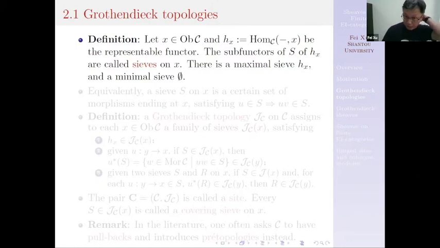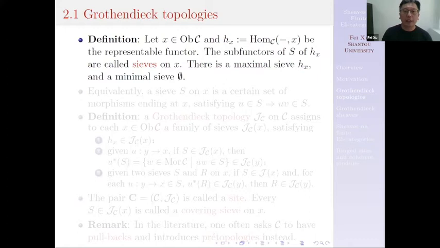So before I do that, I have to recall, so you see, I recall lots of definitions. I hope you're fine with it. I will go quickly with the definition of Grothendieck topologies. Basically, in order to introduce sheaves, you have to have some sort of coverings. In Grothendieck topology theory, you use sieves to generate the concept of covering.